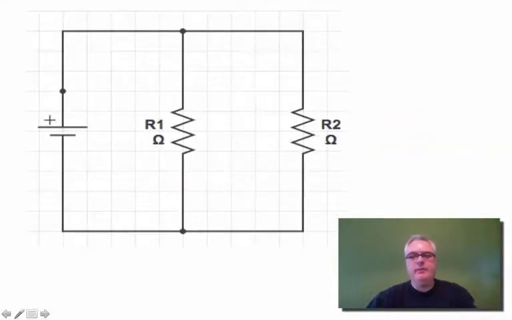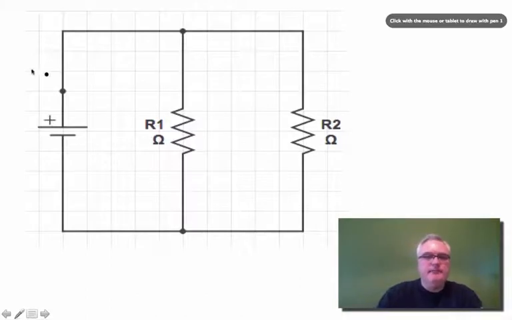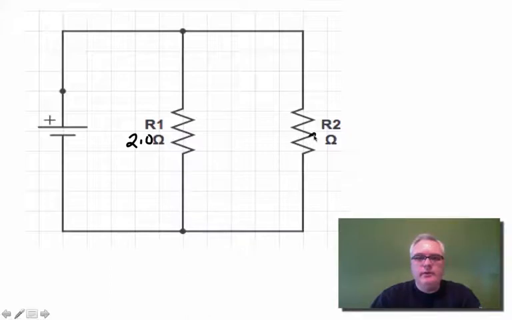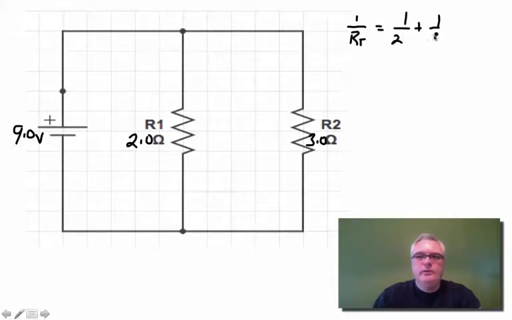Okay, let's take a look at a parallel circuit. Let's stick with our 2 ohm resistor and our 3 ohm resistor and our 9-volt battery, but now they're connected in parallel. So to find the total resistance, I have 1 over 2 plus 1 over 3.